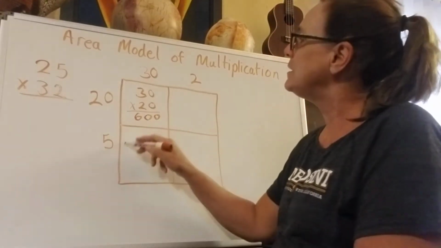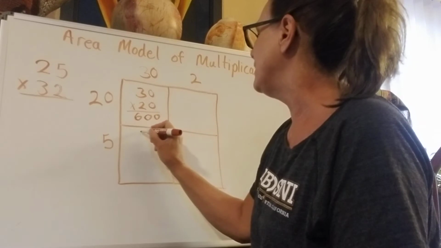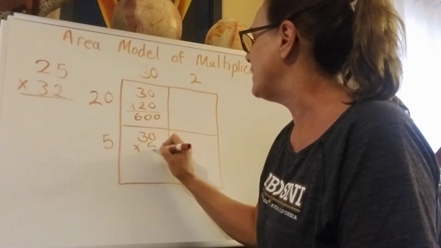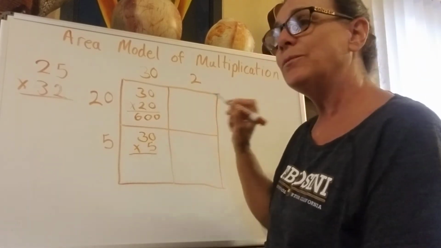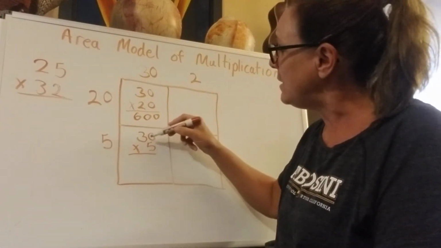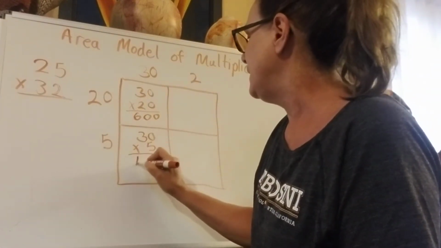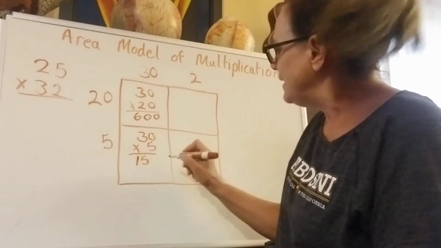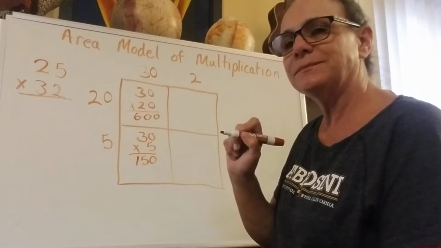Next, we're going to multiply 30 times 5, or 5 times 30. You can say it that way. So again, we can just say 3 times 5 is 15, and then we have to add that 0 back in because you can't lose your place value. Okay.